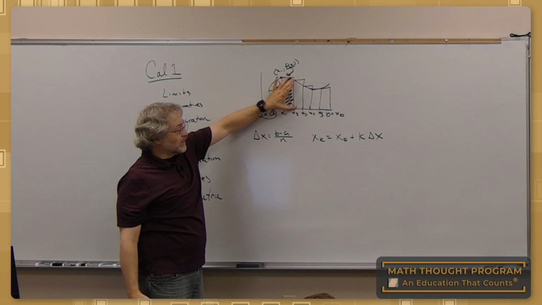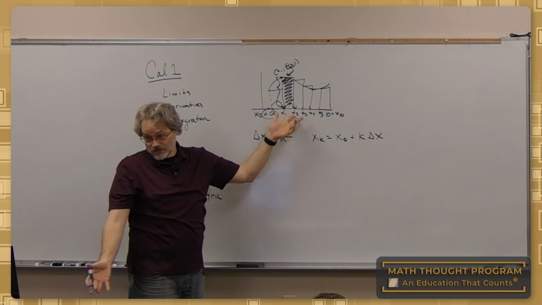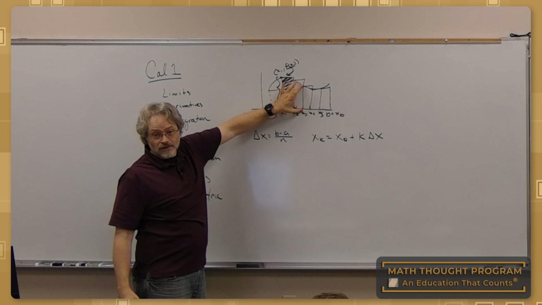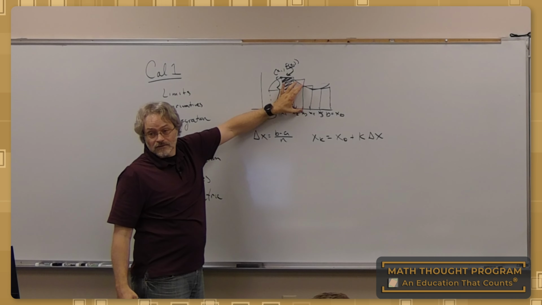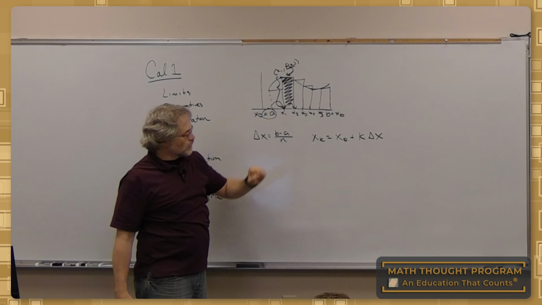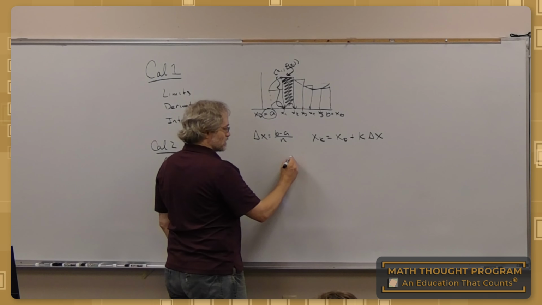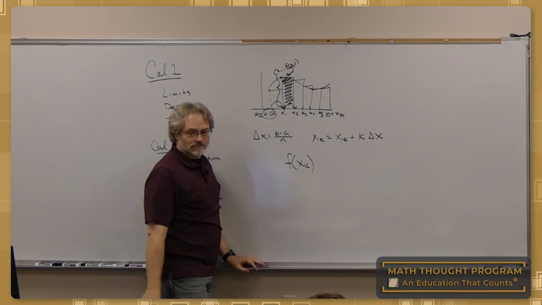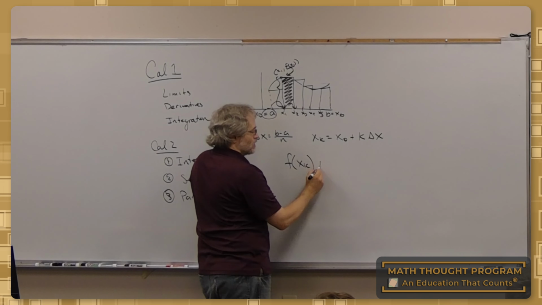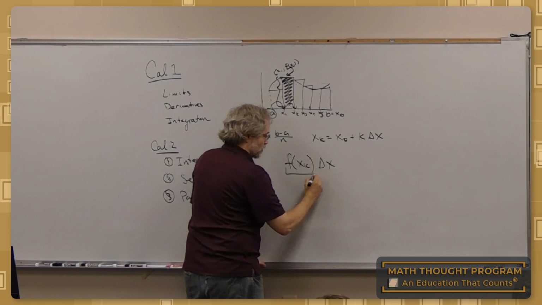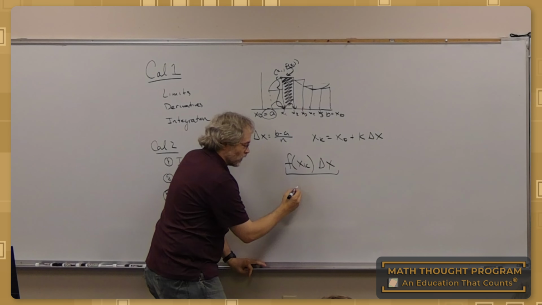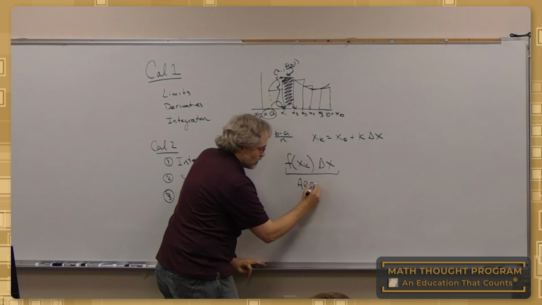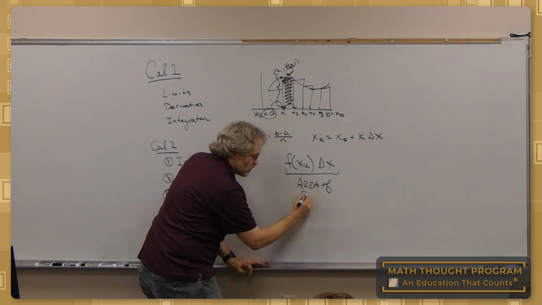Take the function, evaluate it at x2, since I'm using the left-hand rule. If I was using the right-hand rule, then I would use the right-hand side of the rectangle. And then so on and so forth. Well, then that's going to say that you take f, evaluate it at x sub k, times delta x. And what we have here is the area of the kth rectangle.